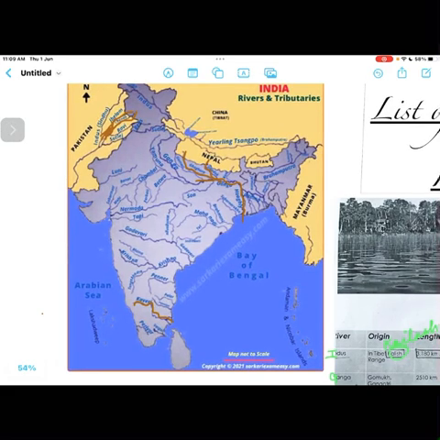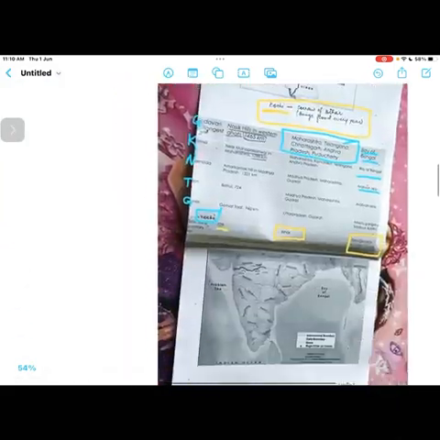Like you have got your Indravati here, your Vegai river here, Bhima river here. So there are different rivers present. Banas river, and then Brahmani river, Subarna Rekha. You getting it?